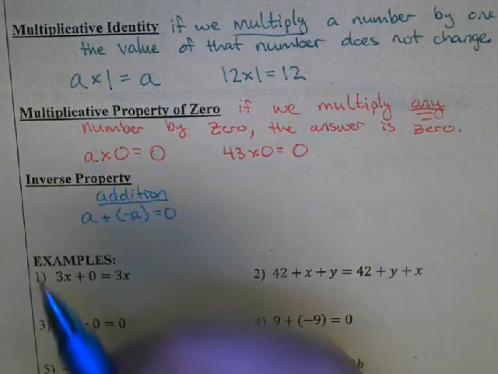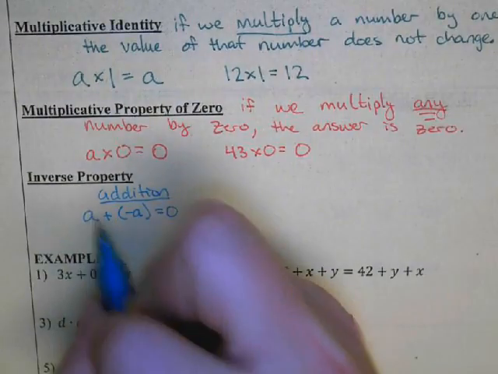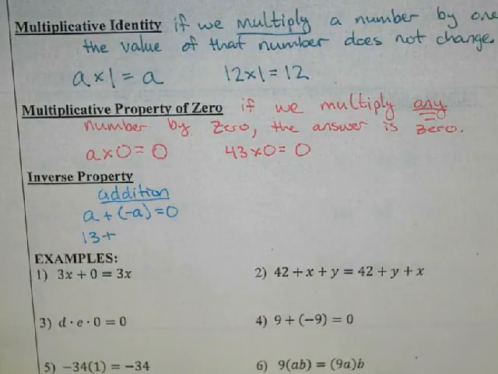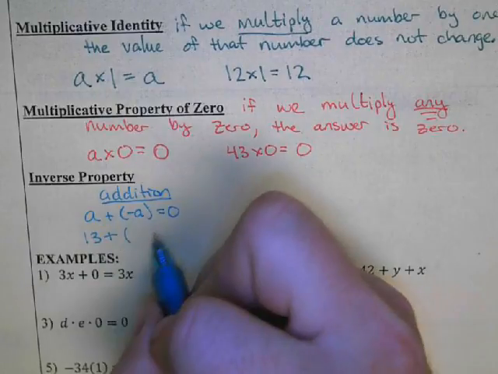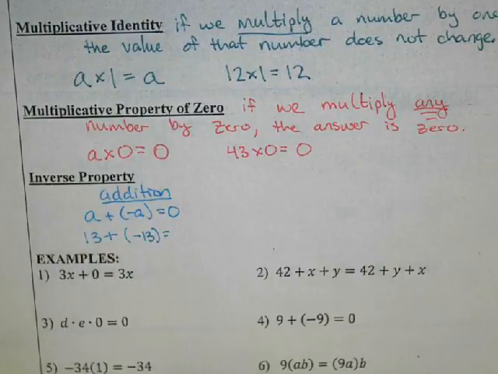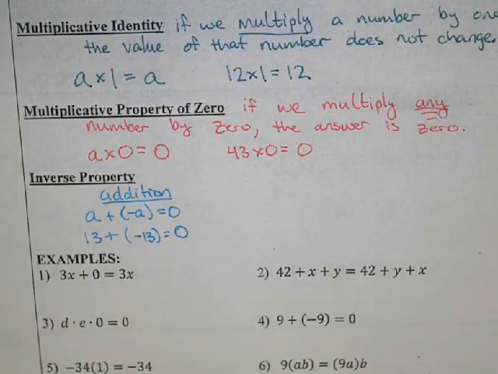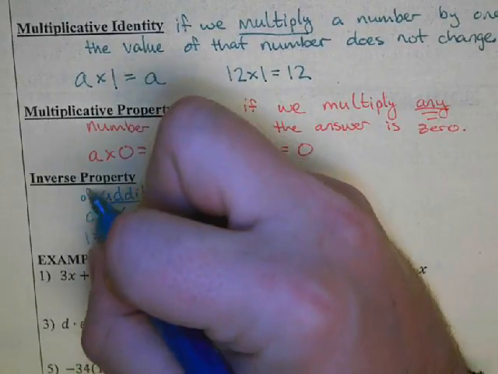An example using real numbers would be if this number is, say, 13, what's the opposite of 13? Negative 13. So if we add those two together, we get 0. So that's the inverse property of addition.